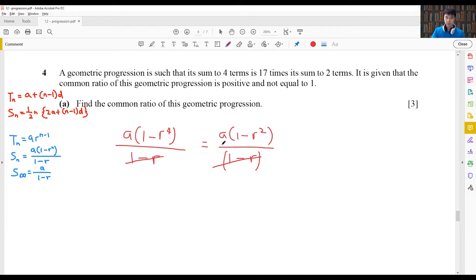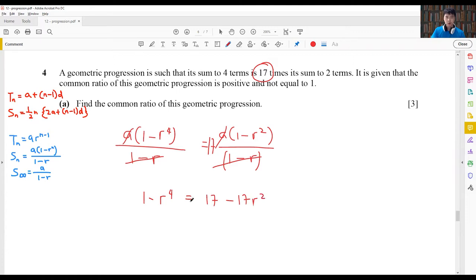A divided by a is 1, right? So you will only be left with 1 - r^4 equals 1 - r^2, and 17 times of that. So you have to multiply 17 at the front. Writing down the equation now, 1 - r^4 is equal to 17 - 17r^2.